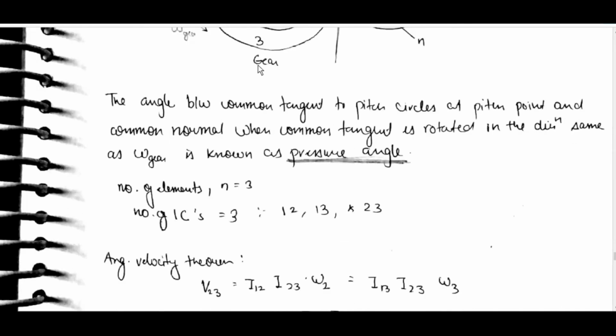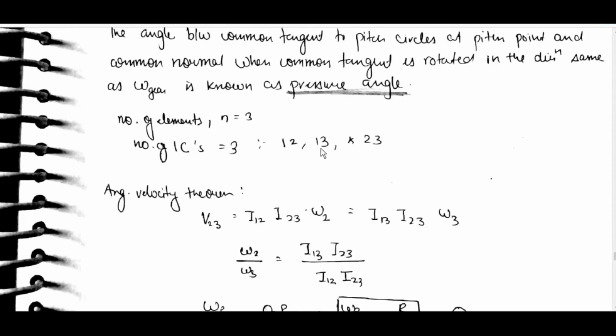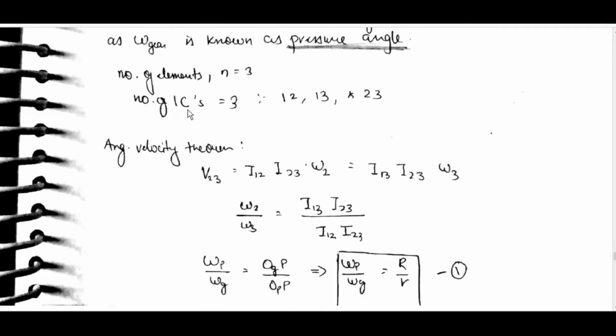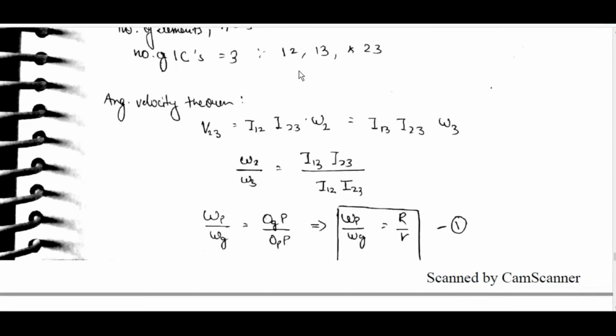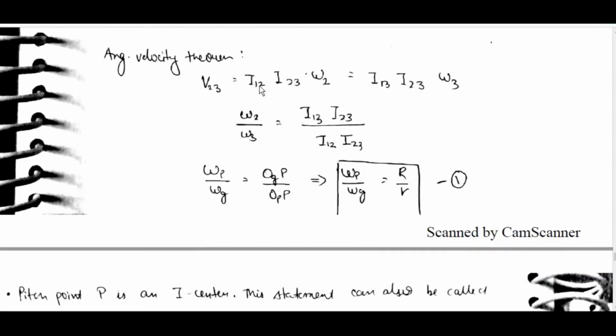The angle between the common tangent to pitch circles at pitch point and the common normal, when common tangent is rotated in the same direction as omega gear, is known as pressure angle. Number of elements n is equal to 3. Number of I centers is equal to 3: I12, I13, I23. Angular velocity theorem: V23 is equal to I12 I23 omega 2 is equal to I13 I23 omega 3.